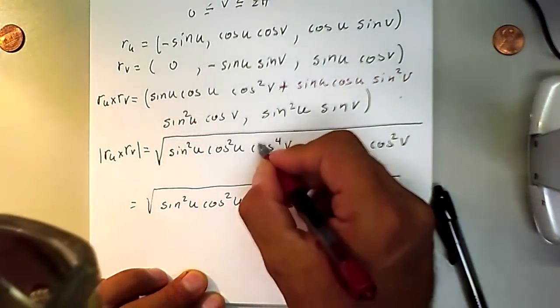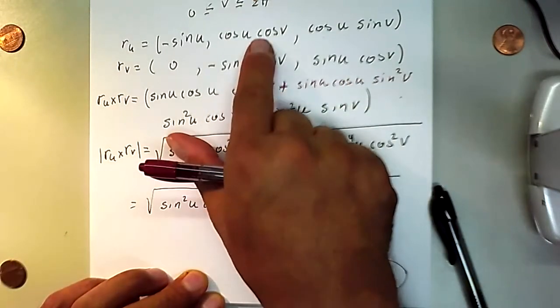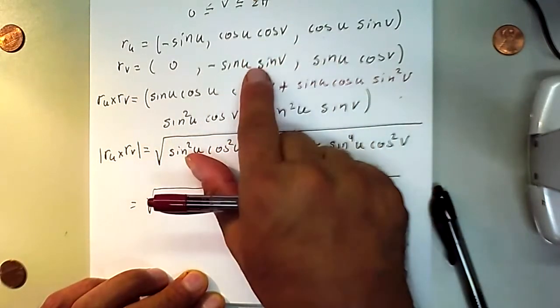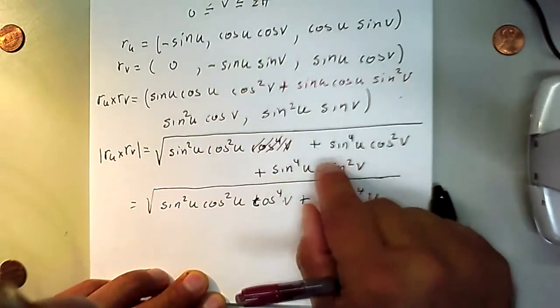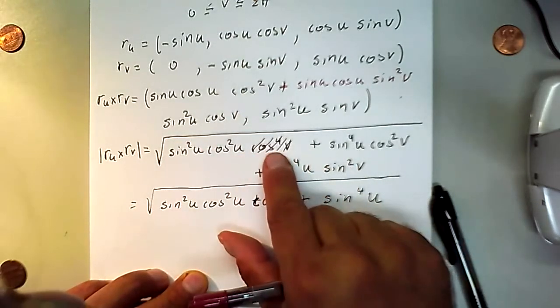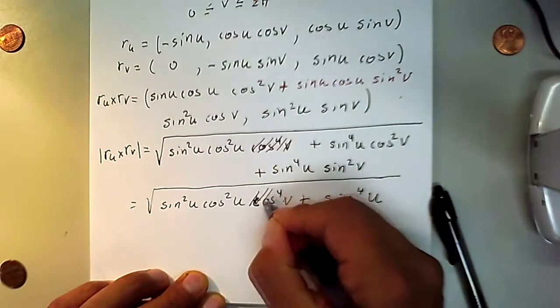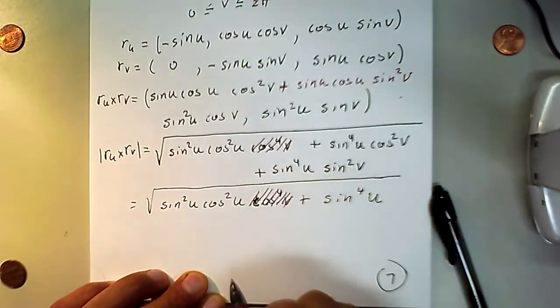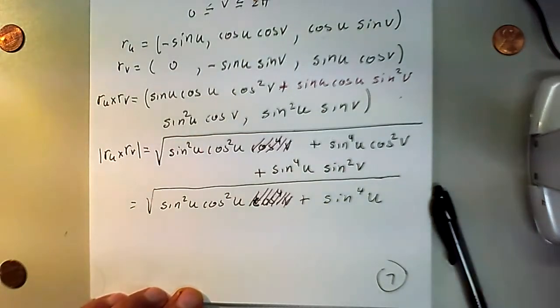So this should go away because in my initial cross product I multiplied those two and missed multiplying those two. I think that will fix that. And then here we scratch that off. Yep, and now I think we are good.